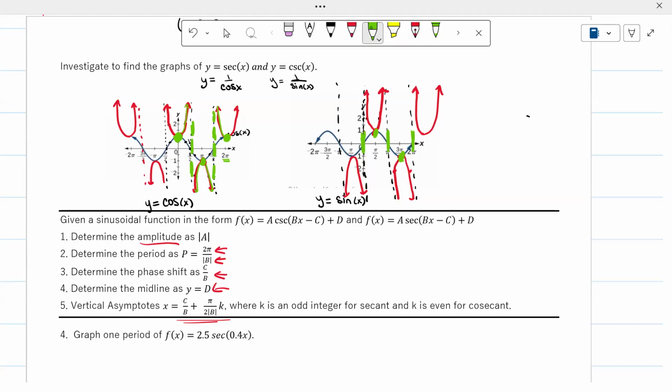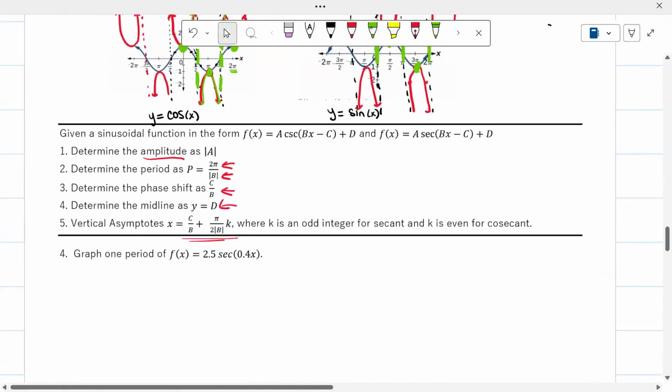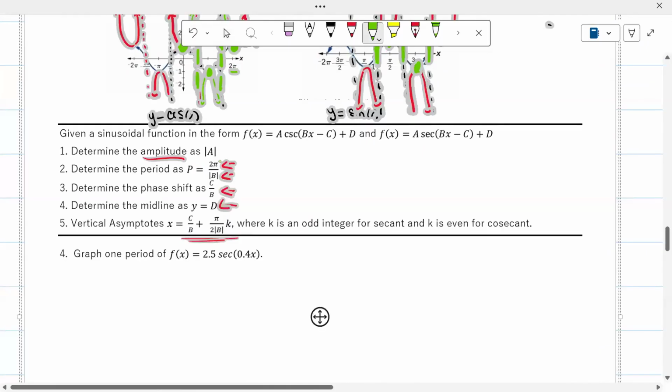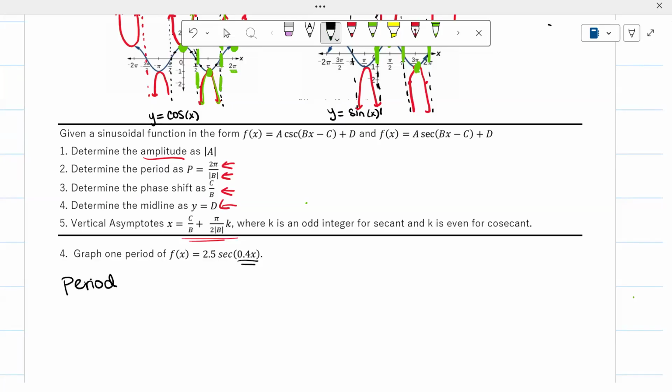All right, let's go here. Graph one period of this function. This is a secant function. It's the reciprocal of cosine. So I'm going to work my way inside out. Period is 2 pi divided by b, which is 0.4.